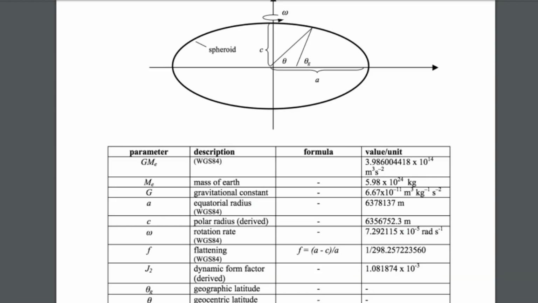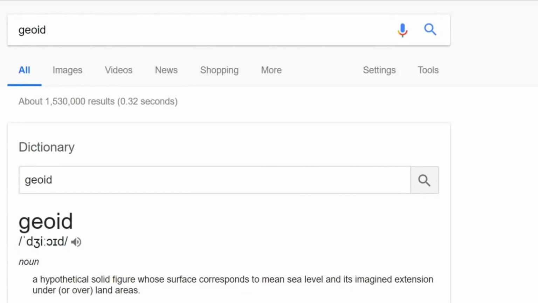What is a geoid? Yeah, that's a good question. I'm pretty sure you can dig out a definition, Wikipedia or dictionary. Here we go. Right, on screen, I've got this word geoid. It claims to be a hypothetical solid figure. Okay, so that means it doesn't actually exist. It's hypothetical. So that seems to me a problem.